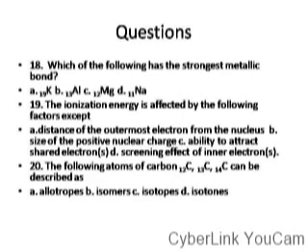Next question. Which of the following has the strongest metallic bond? That is, which of them has the strongest metallic property? So look at this. We have potassium, which has a large atom, 4 shells.